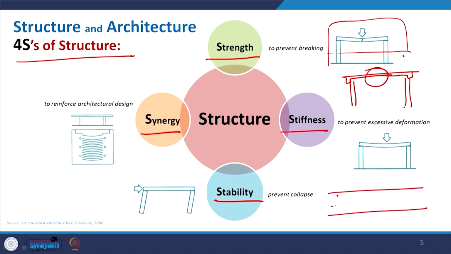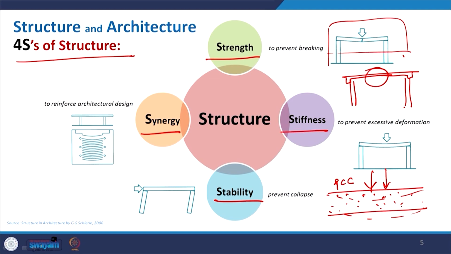Suppose this is made of concrete, made of PCC. PCC stands for plain cement concrete. So, there is no reinforcement. Now, because of the self weight and also some live load of furniture and people, it will have some bending.